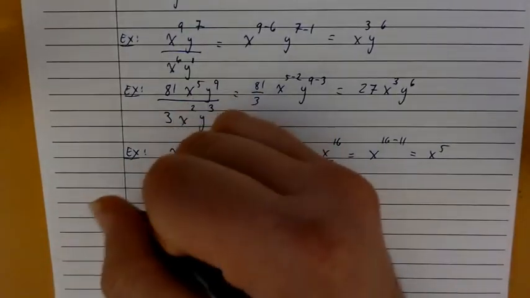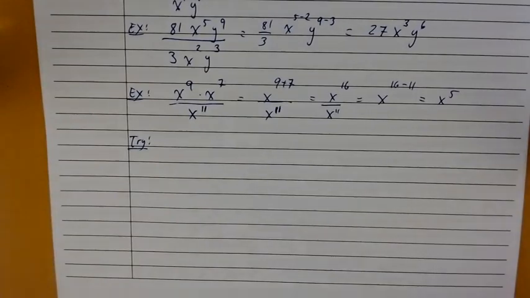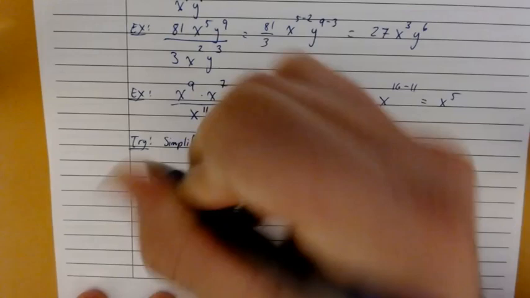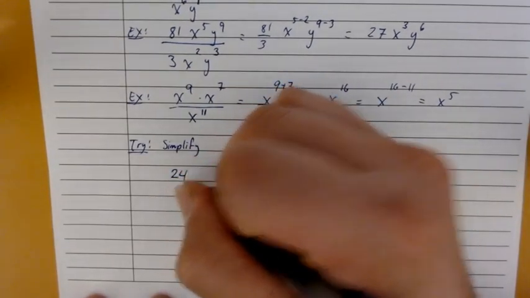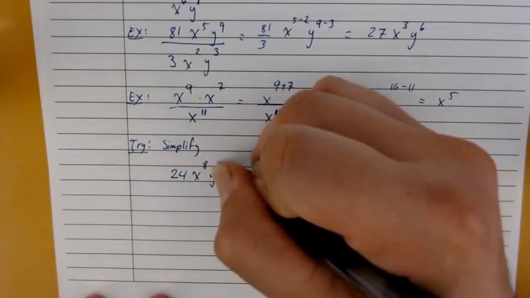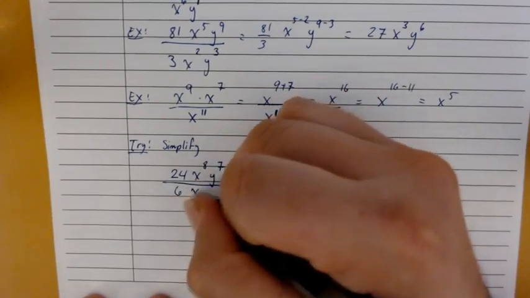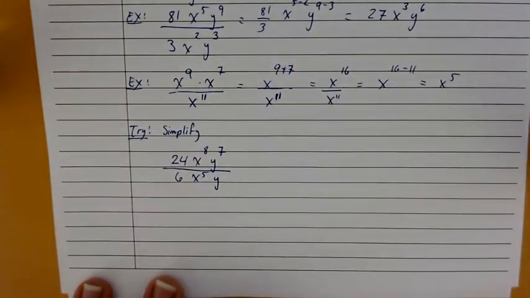So go ahead and give this a try. You're going to simplify 24x to the power of 8, y to the power of 7 over 6x to the power of 5 y, like that.